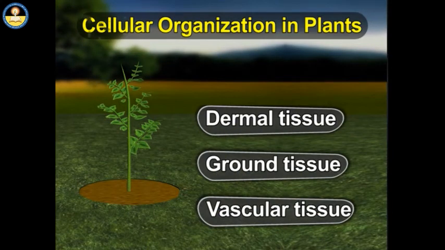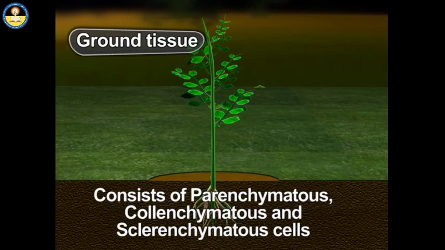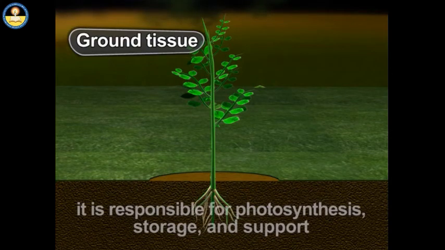Ground tissue makes up the bulk of the plant, consisting of parenchymatous cells, collenchymatous cells, sclerenchymatous cells. This tissue is responsible for diverse functions, including photosynthesis, storage and support.